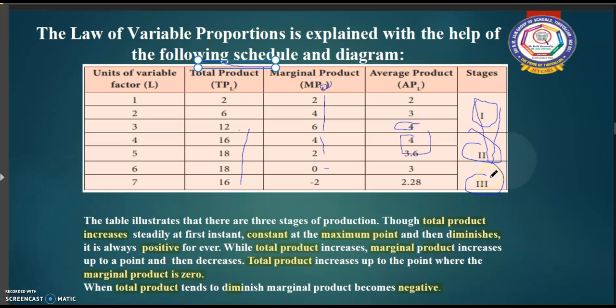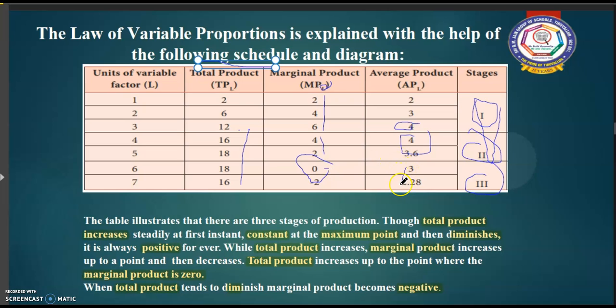Now if we move to stage 3, third stage of production shows that the 6th unit of labor is marked by negative MPL. You can see negative. The APL continues to fall but remains positive.